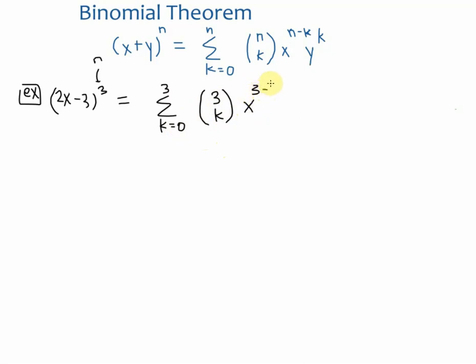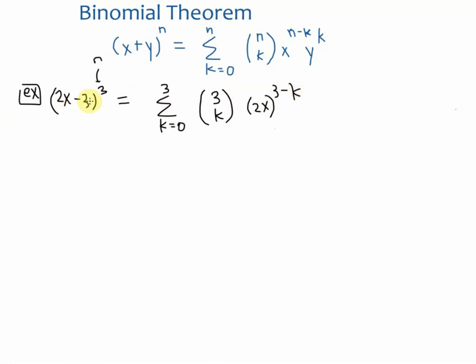Okay, 3 minus k and y. Oh, and actually, let's not do that. Let's go back. I'm going to substitute those in right now too. So what is x? So x is 2x. 2x raised to the 3 minus k, remember my n value is 3, I leave k.